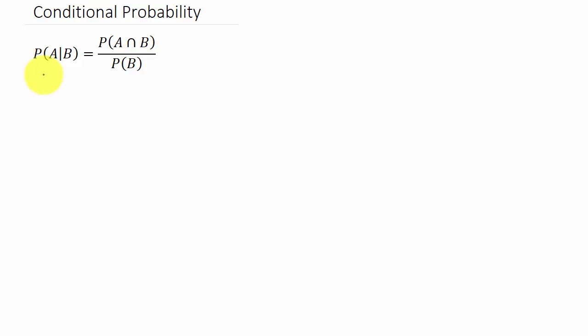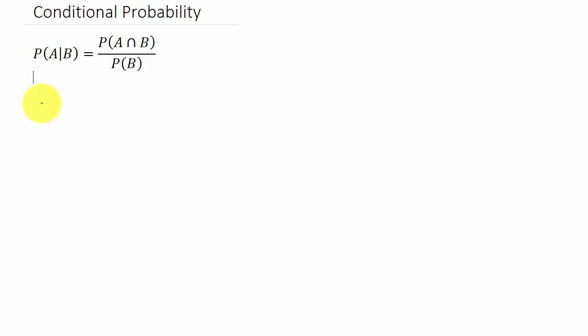Okay, so the probability of A given B is the probability of A and B over the probability of B. So it's the probability of what they have in common over the probability of, and this denominator is always going to be the probability of that second event.